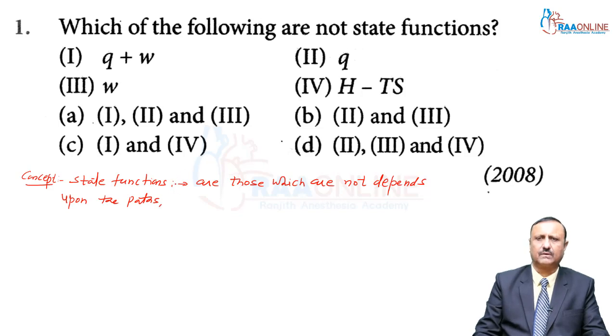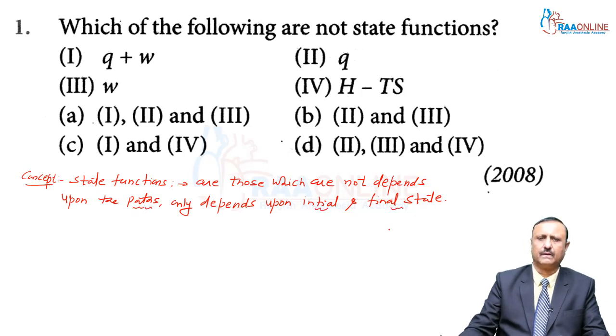They only depend upon the initial and final state. So state functions do not depend on the path, they only depend on the initial and final states. These are called state functions.